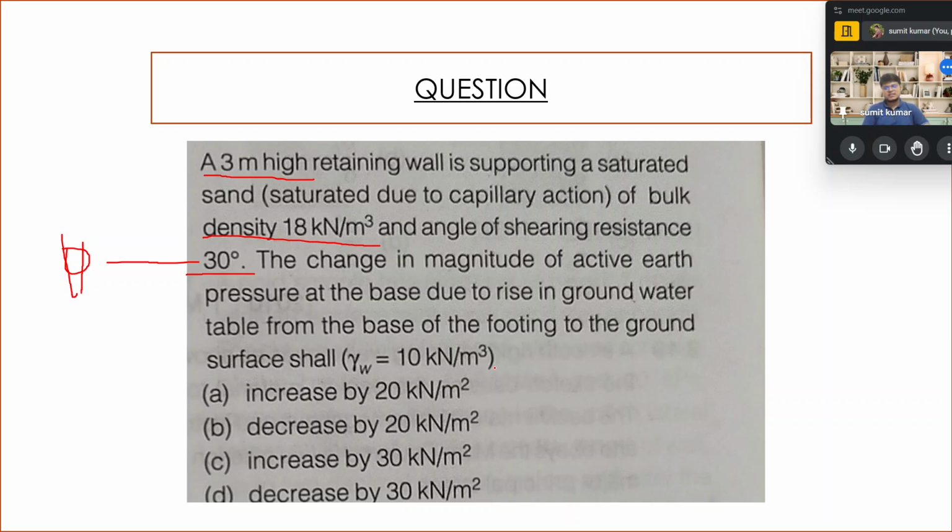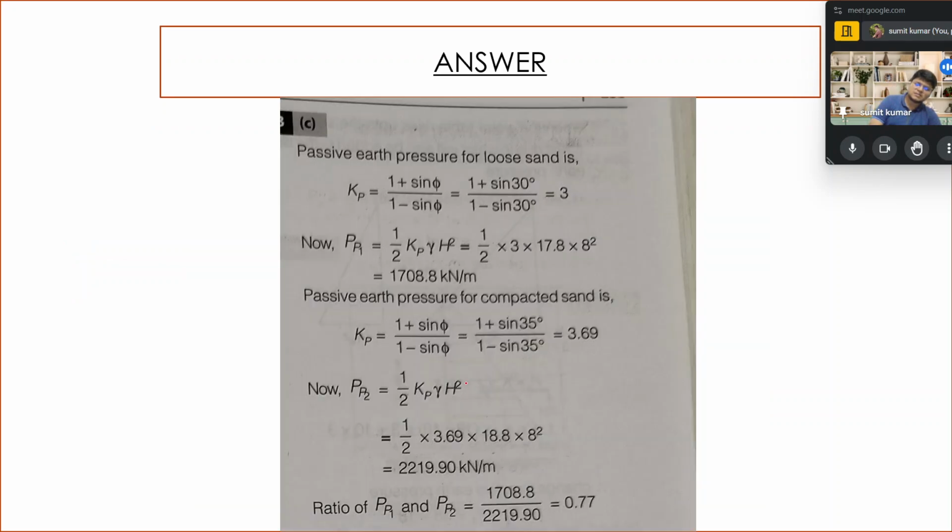First of all, K is 1/3, γ is 18, and z is 3. Afterwards, as the water table rises, it is subtracted by the water pressure. The answer is going to be option C. As φ equal to 30 degrees, we have calculated Kp as 3.